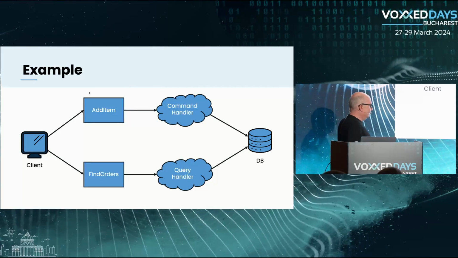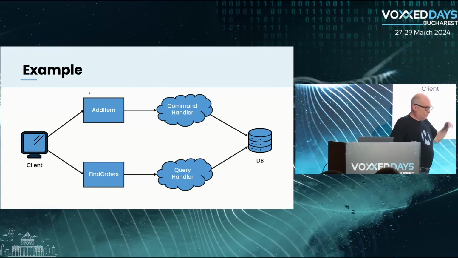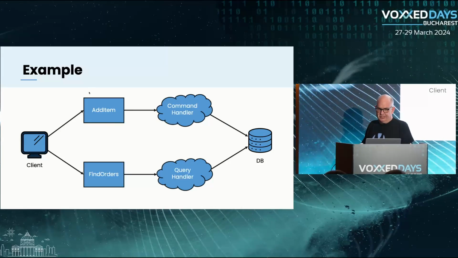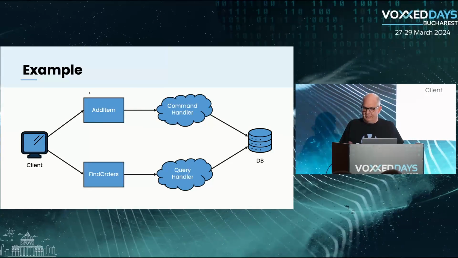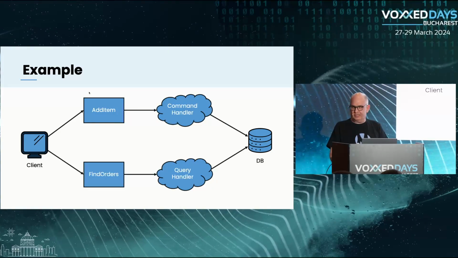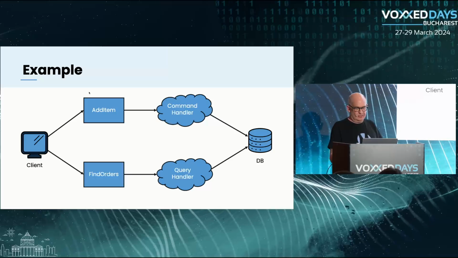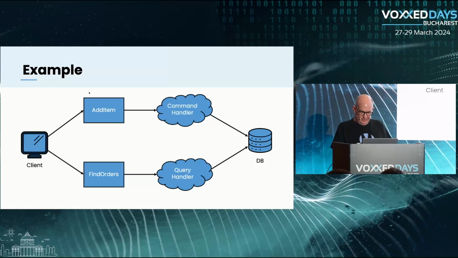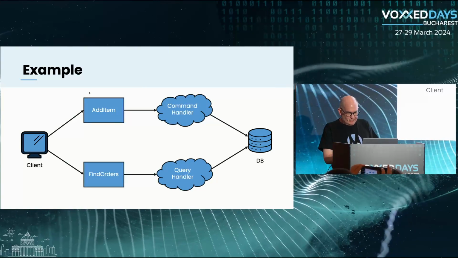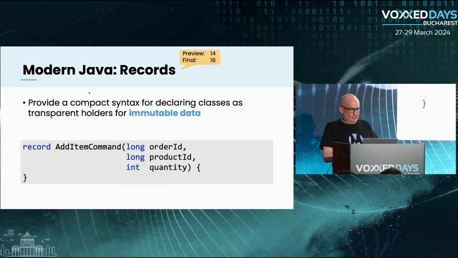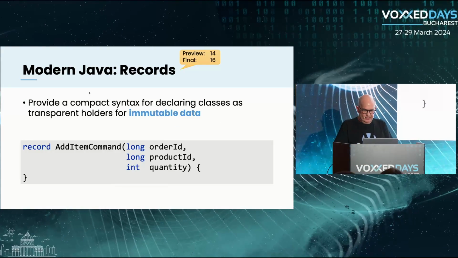And on the other side, we do a query that finds orders, and this needs some query handler, and we will do the lower part with jOOQ, because that has a powerful feature that is not available with Hibernate or any other technology currently. So let's have a look at modern Java, how we can do that.